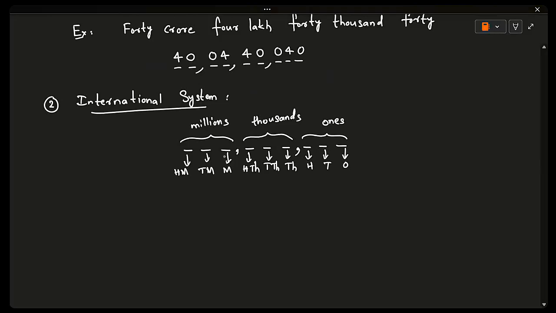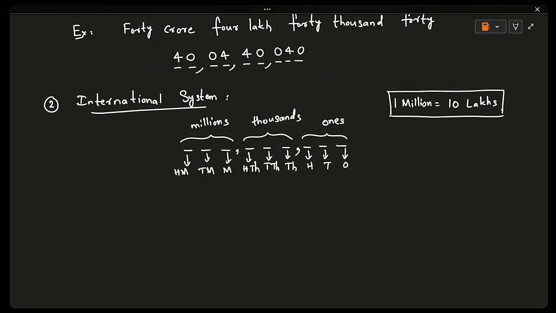You have to remember this conversion, whether you convert from millions to lakhs or lakhs to millions.